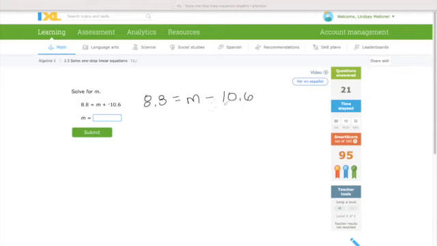I'm going to do the opposite of minus 10.6. I'm going to add 10.6 to both sides. And when I do that in my calculator, I'm going to type 8.8 plus 10.6, and I get 19.4. So I'm going to be typing 19.4 as my answer.